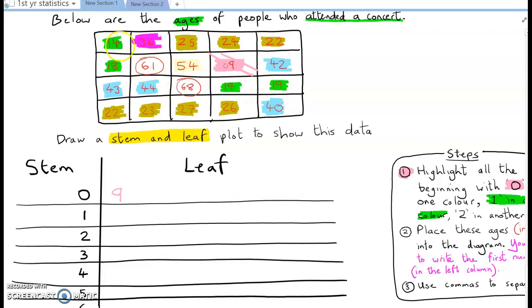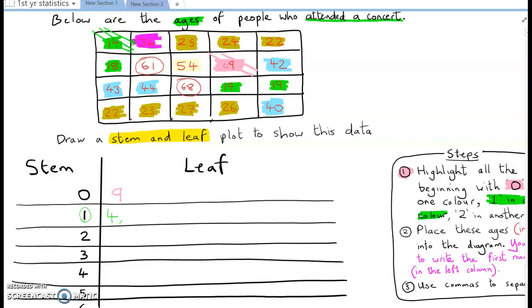Yeah, 14 is the smallest of them. So that's the first one I put in. But I don't write in 14, because I've already got the 1 part of it, the first part of it over here. So I don't need to put in 1 4, I just need to put in 4. And that's that one done.